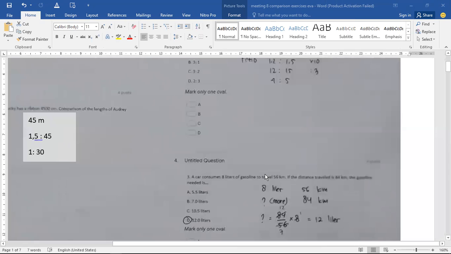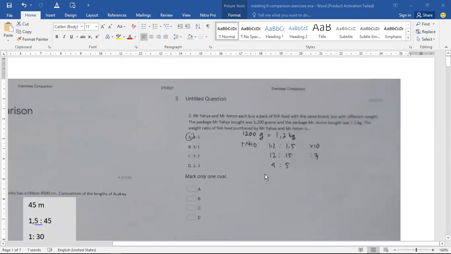Okay, next number 2. Mr. Yahya and Mr. Anton buy a pack of fish food with the same brand but with different weight. The packet Mr. Yahya bought was 1,200 gram and Mr. Anton is 1.5 kg. So it is the same thing. We have to change gram to kg, or you can change kg to gram, so make it in one unit.